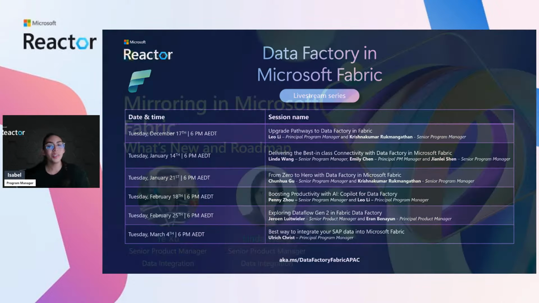Data Factory in Microsoft Fabric provides both the no-code and professional code approach for you to do data integration. Data Factory in Microsoft Fabric is also AI powered by Copilot, and it is deeply integrated with open source.